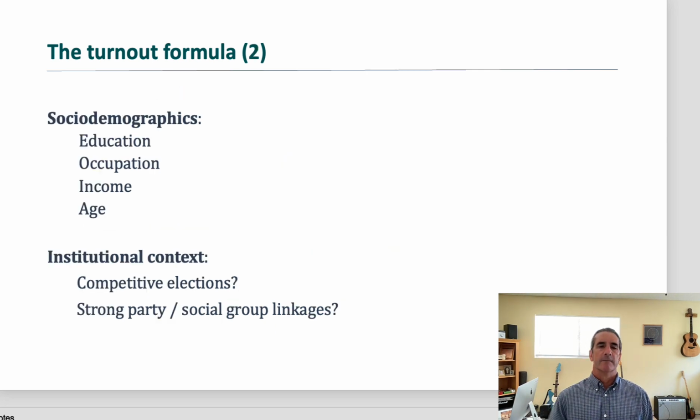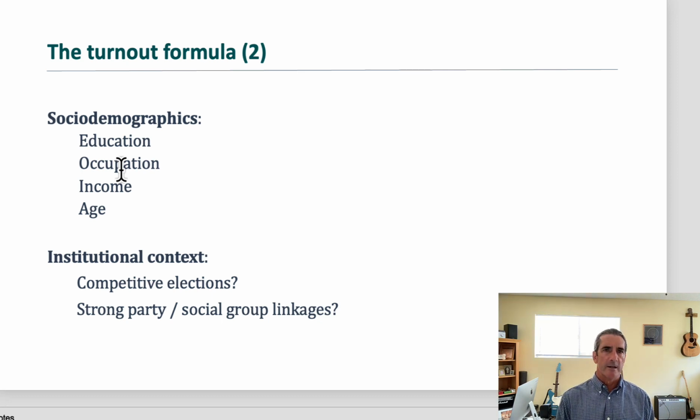Other factors that we know are correlated with voting: socio-demographics are highly correlated with voting. The higher you are on all of these things, education level, occupational prestige, income level, and age, the more likely you are to vote. And of course, being more educated or having more money, having a more prestigious occupation, being older, those things don't in and of themselves cause you to vote, but they put you in a context and circumstances that make voting more likely.